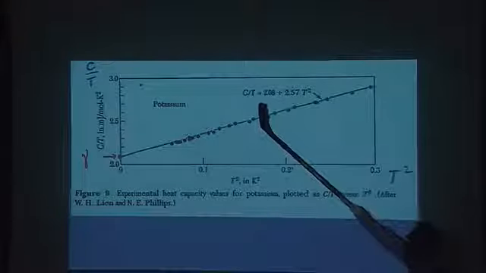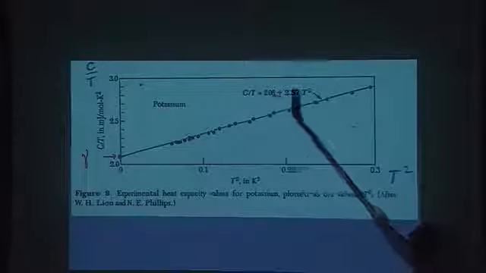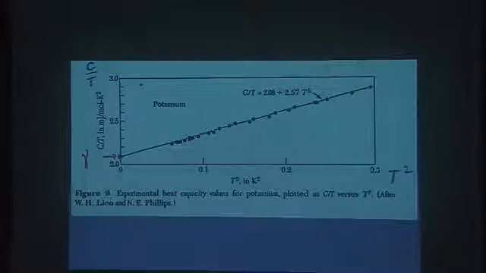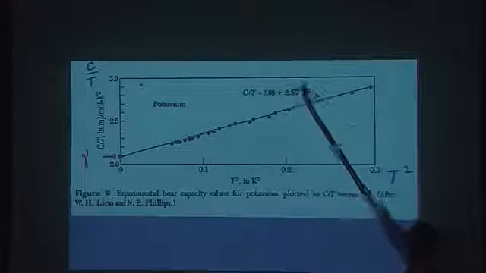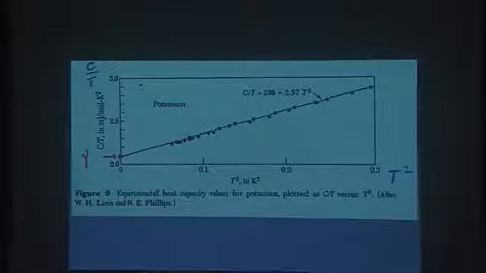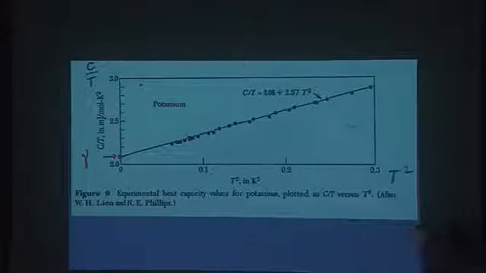Namely, you expect for a metal the total electron and phonon heat capacity to go as a constant plus a coefficient times T squared. You can see, first of all, that in potassium, and again in many other simple metals, this is satisfied to good accuracy.